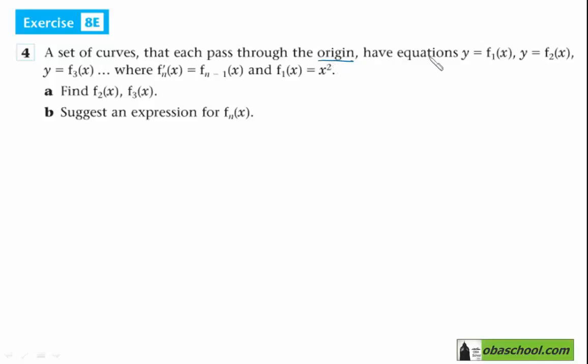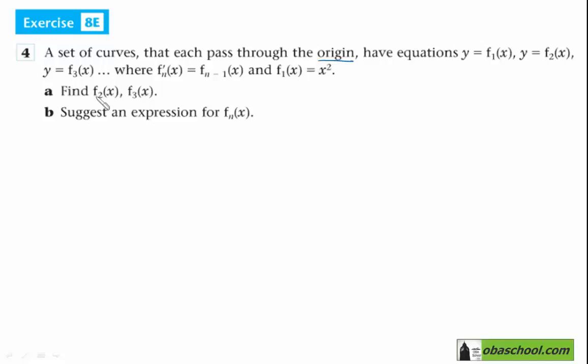All the curves that we have pass through the point 0, 0, and have the equations y equal f1 of x, y equal f2 of x, y equal f3 of x, and so on, where f prime n of x equals f n minus 1 of x and f1 of x equals x squared.